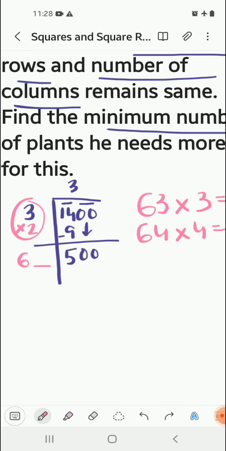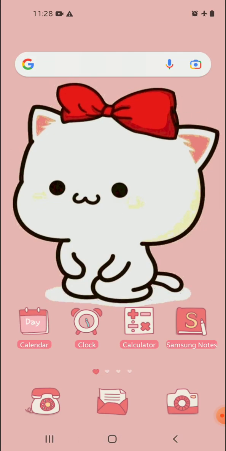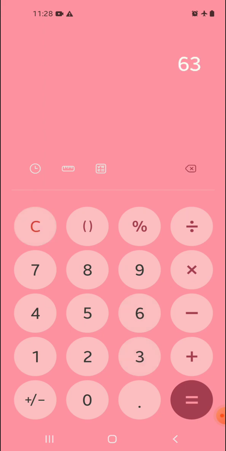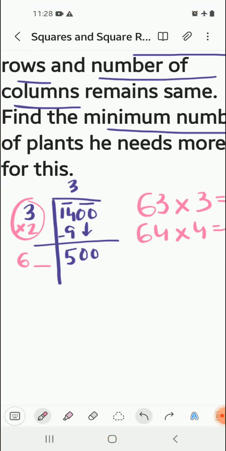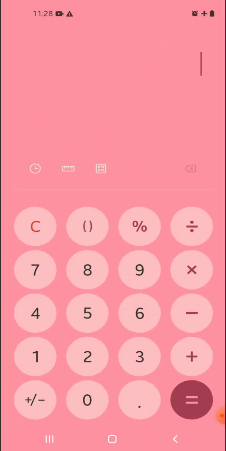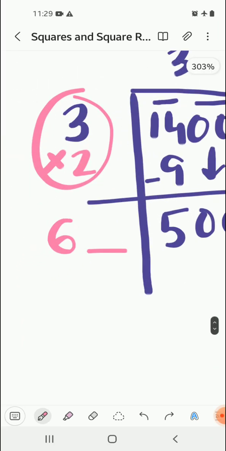So let's check. 63 into 3, 189. So you can see 189 is way away from 500. So we're going to go for 65 into 5 maybe. It's 325. Let's go for 67 into 7. 469. This is the number closest to 500. So we are going to take 67.